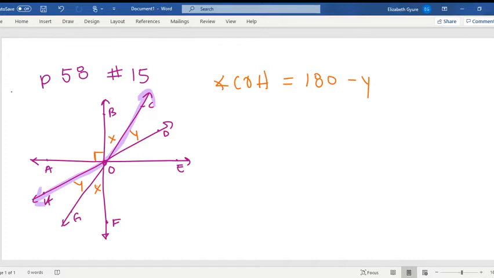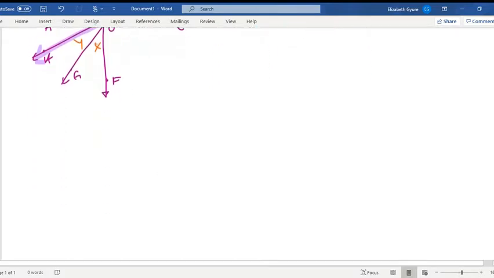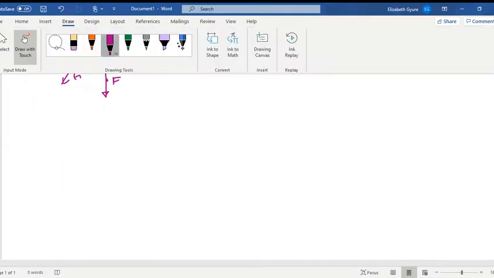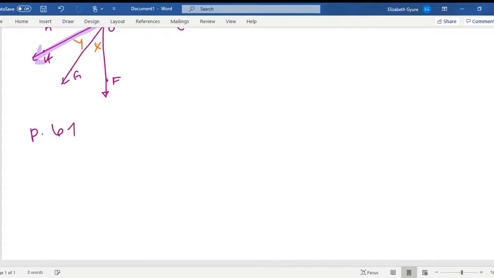Page 64. So page 64, we're going to look at numbers 20, 21, and 22. Start with number 20. All right.